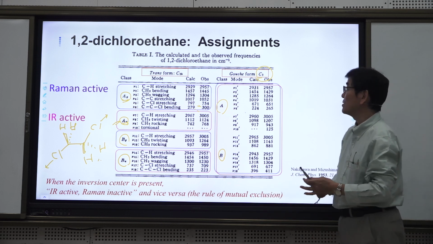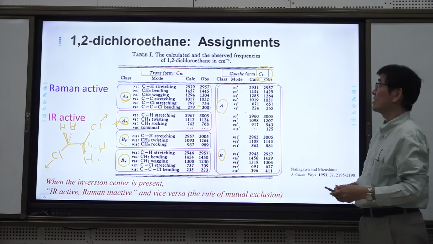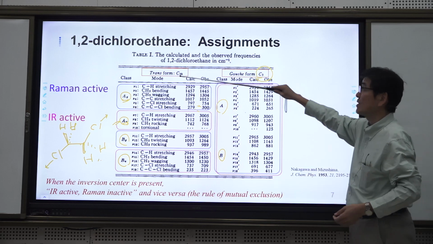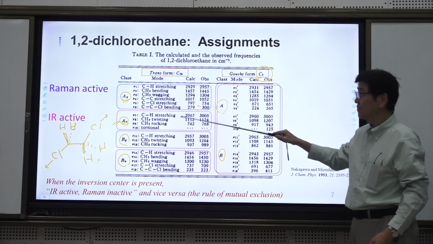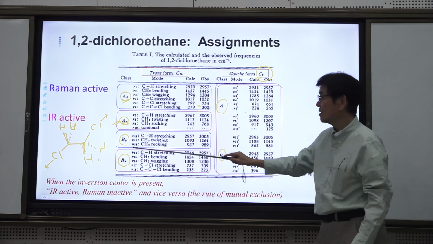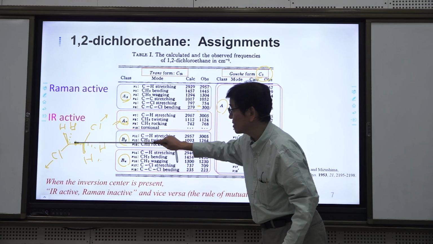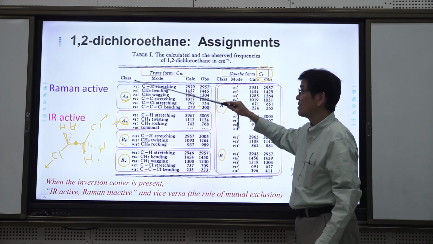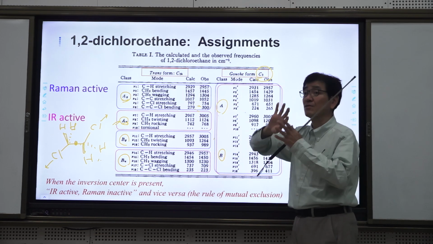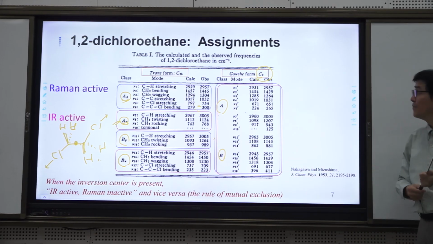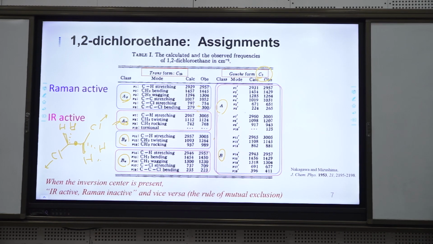So in this page, I explain the importance of the classification of the vibration mode into several symmetry groups. And in the case the molecule has inversion symmetry, then IR active mode and Raman active mode are exclusive. Okay?